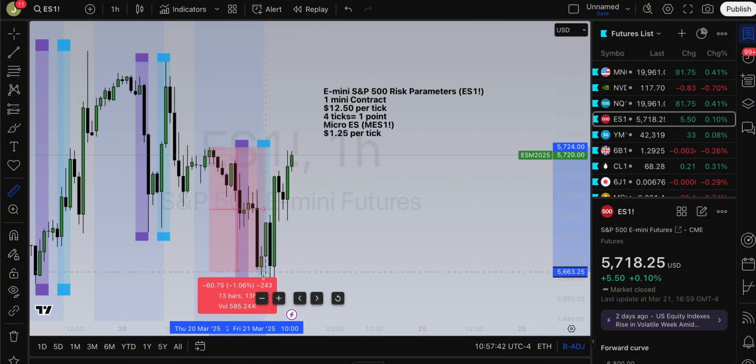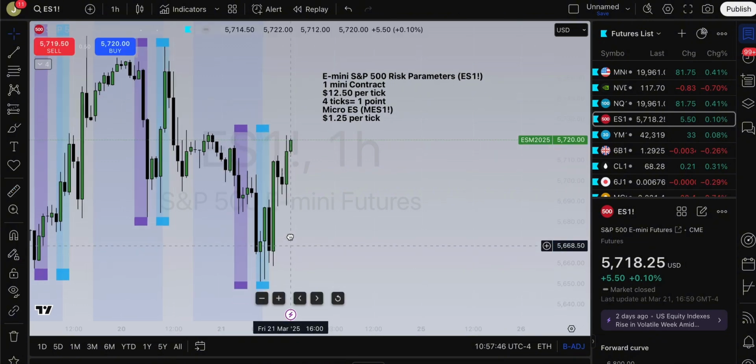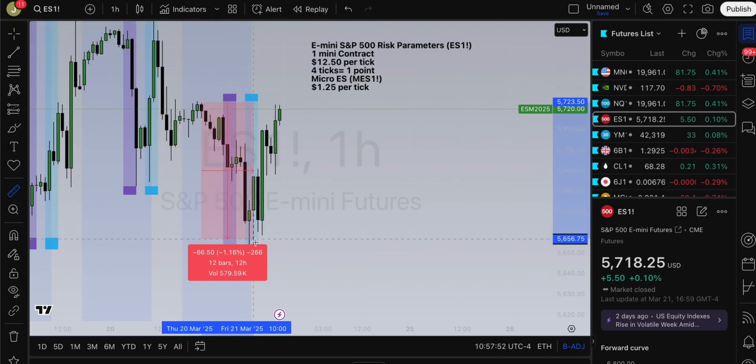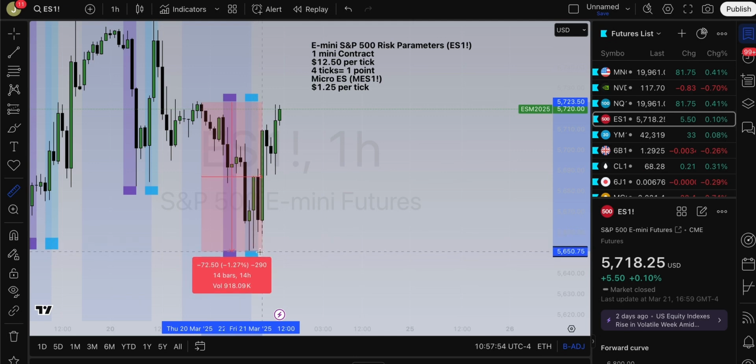So if you measure this move down here, I'll say that's about 290 ticks. Remember, we're always going by the number here on the right. That's what represents our tick value.